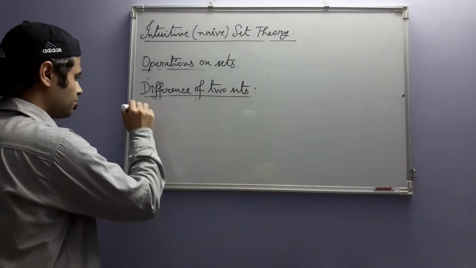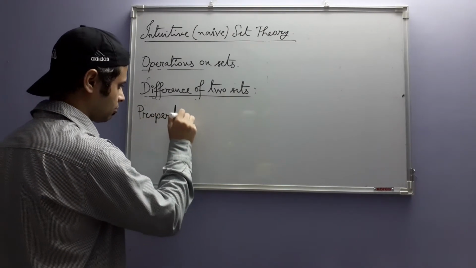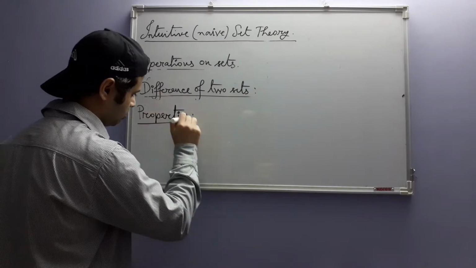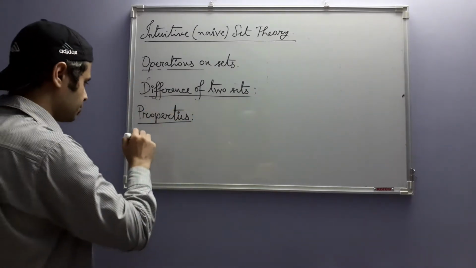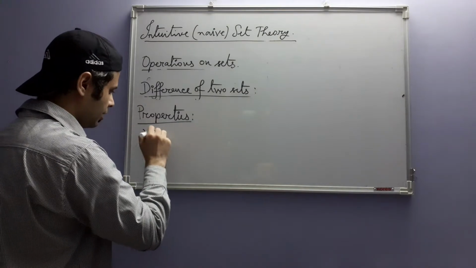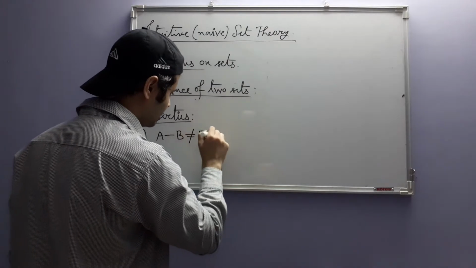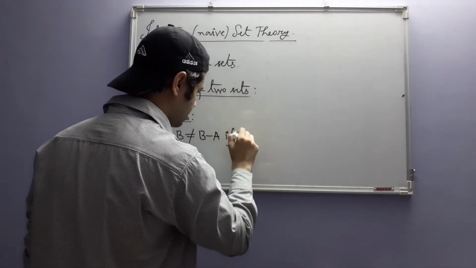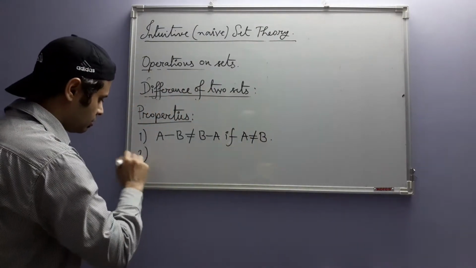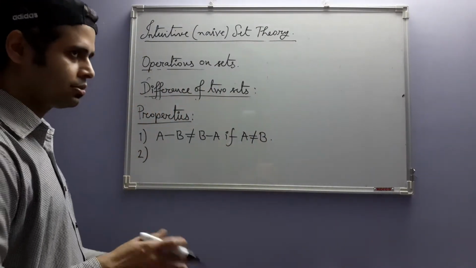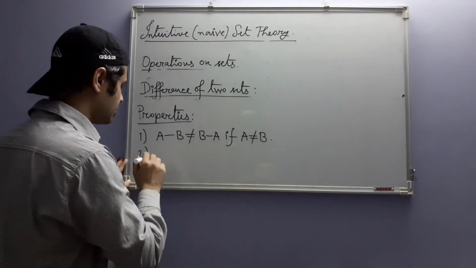So, properties. There are many properties. The first one is, of course, A minus B is not equal to B minus A if A is not equal to B. The second, actually there is no first or second, I am just recalling the properties and writing them.